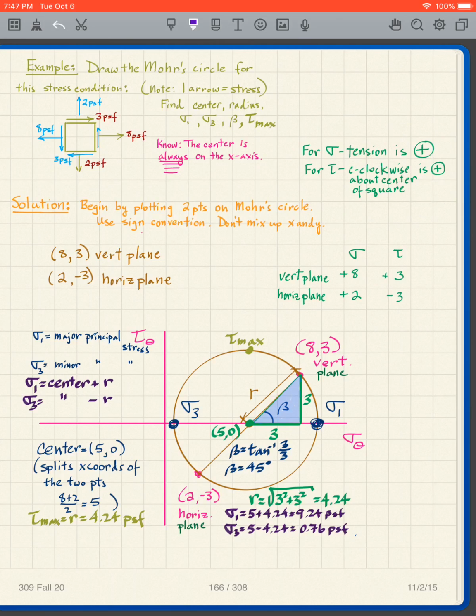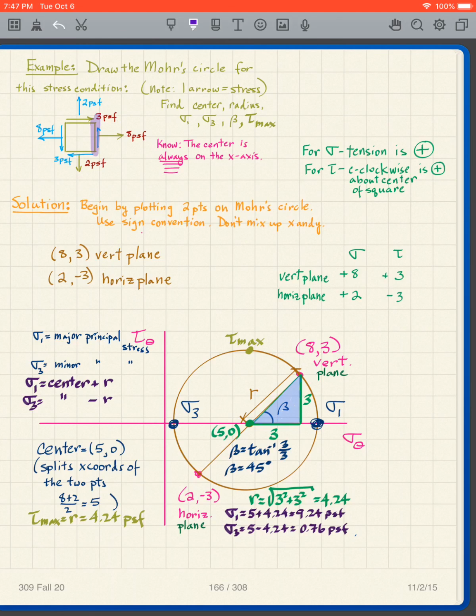So I'll show you what I mean by that. Let's take a look at the stress situation that we have here, and let's draw the points that we know. So in other words, we have a sigma and a tau on this vertical plane here. Let's do that one more time.